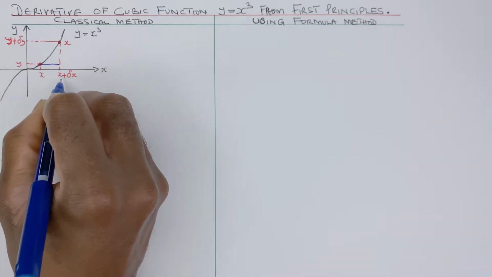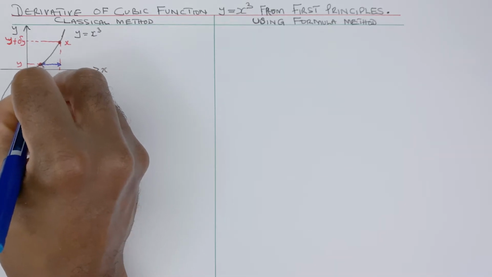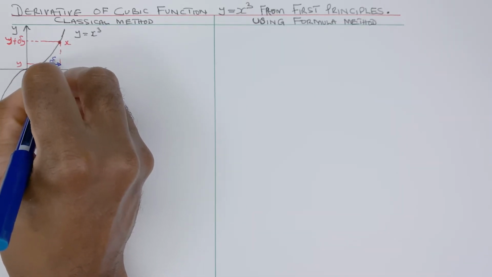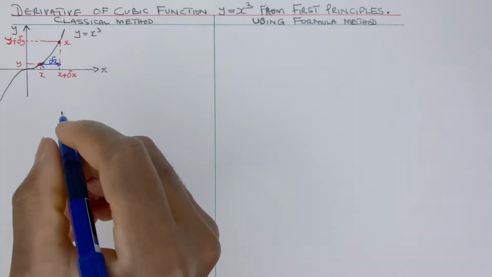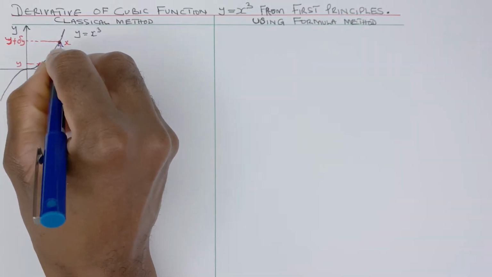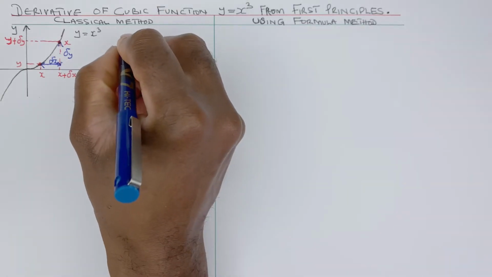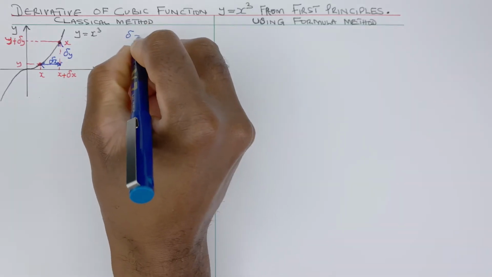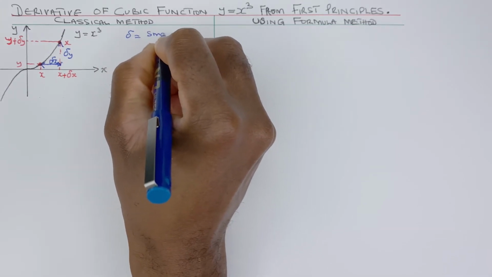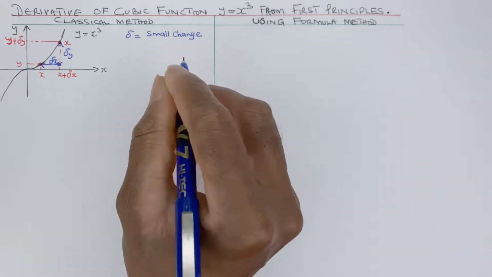If that's x plus delta x, that implies that this distance here is delta x, a small change. And that distance, the height, is delta y. So that's what that meant.